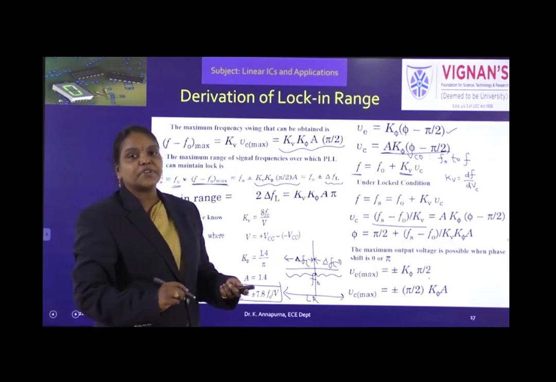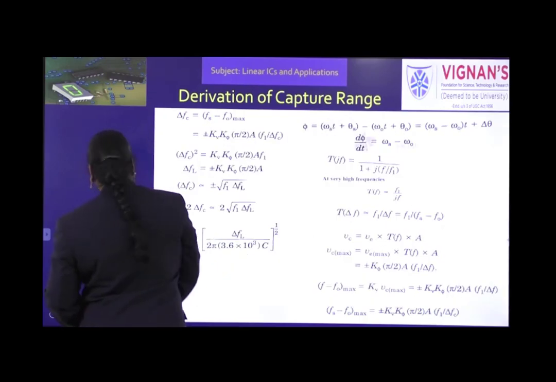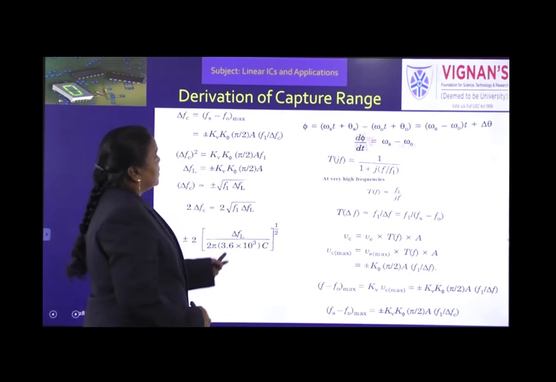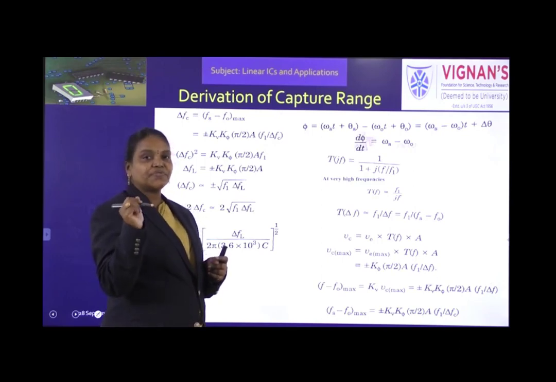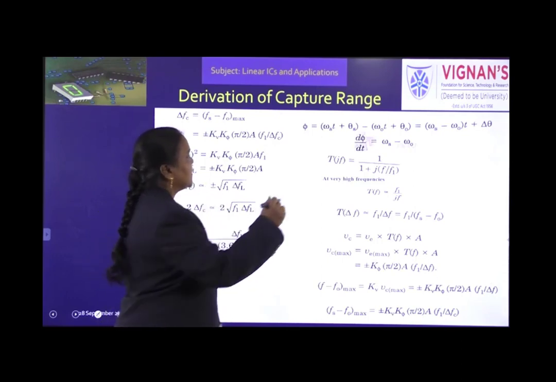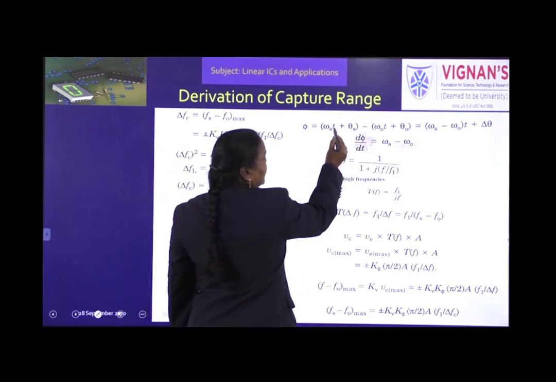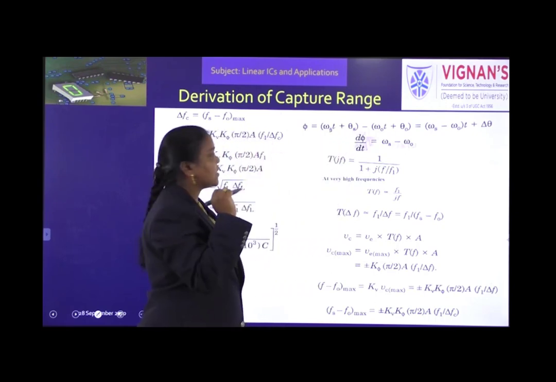Now let us see the derivation of capture range. Okay, this is the derivation of capture range. And what is the phase shift? Phase shift between the input signal and the VCO signal. So omega into T will give us phase. So omega S into T, where suffix S means it is the incoming signal.